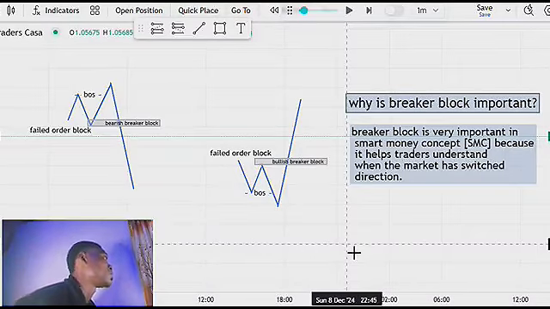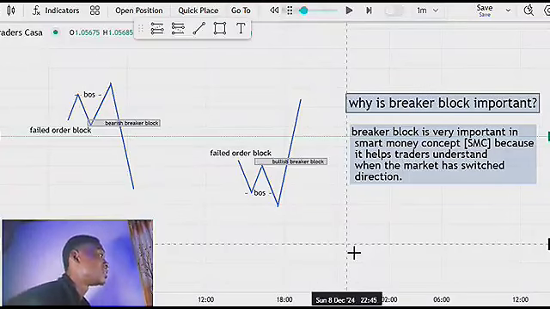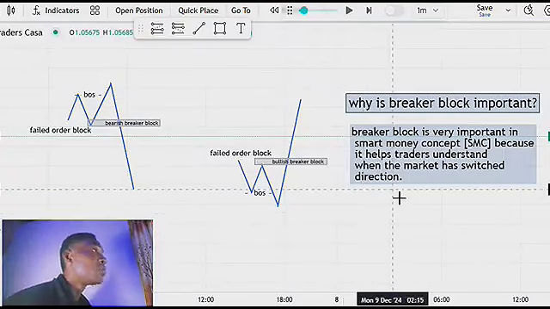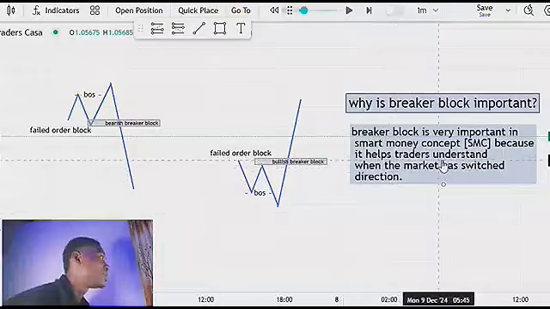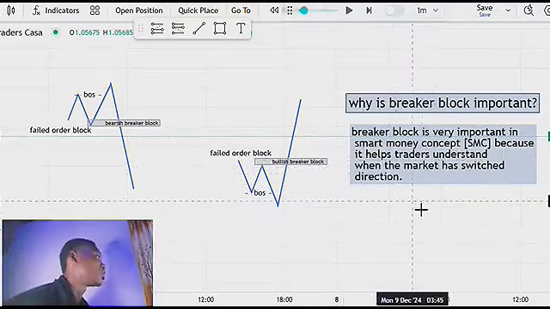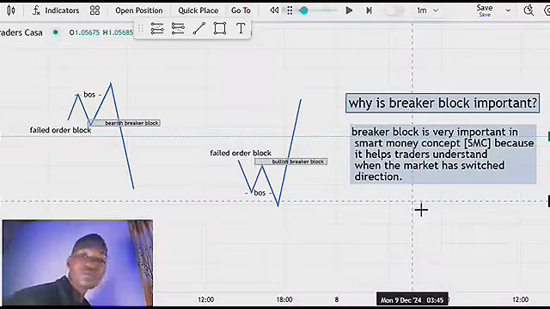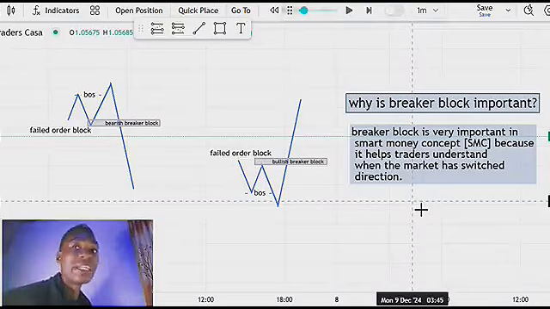In smart money concept, it helps traders understand when the market has changed direction. With breaker block, you can confirm when the market is about to switch direction, either from bullish to bearish.